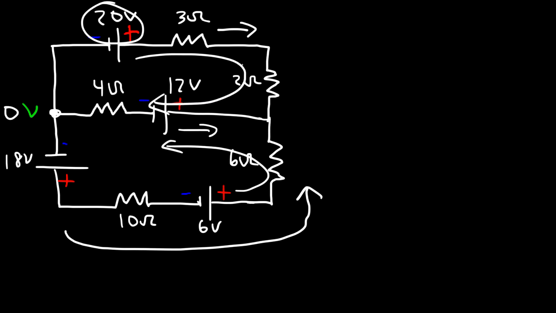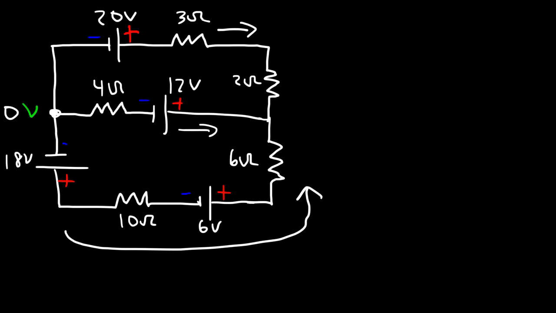So therefore, it makes sense that the current in this branch is going in that direction towards the left. Because the 24 volt battery wants to send current in this direction, which is greater than the 12 volt battery, and a 20 volt battery also wants to send current in that direction, which is greater than the 12 volt battery. So I believe there's going to be a net current going in this direction.